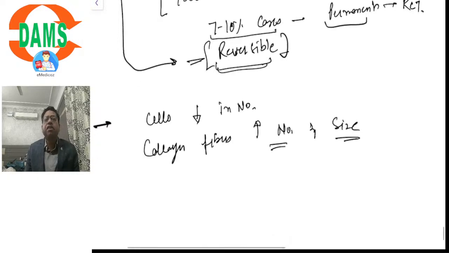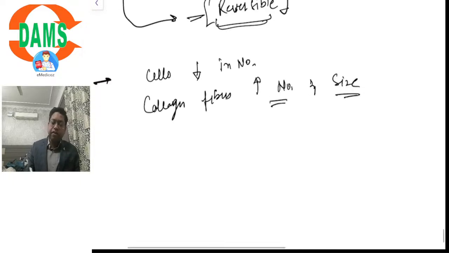Both the size and the number of fibers increase in a mature pulp. Collagen fibers. This we can talk about.